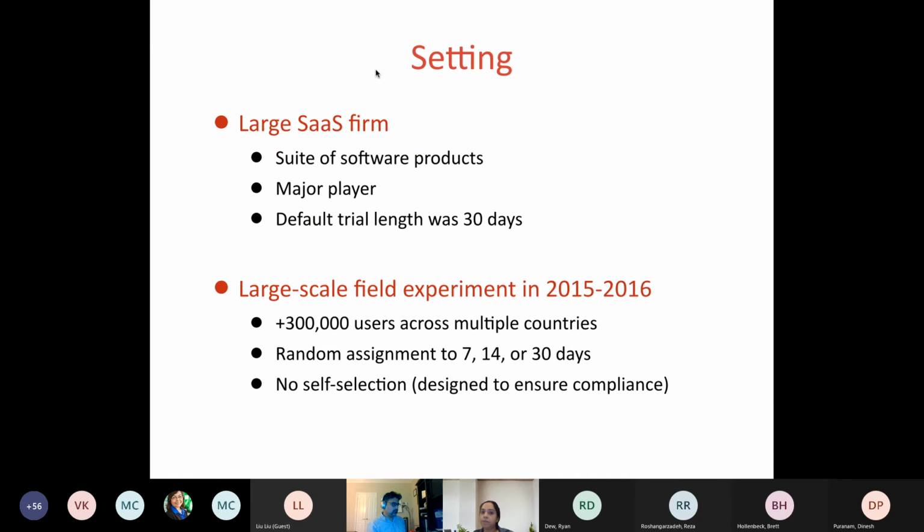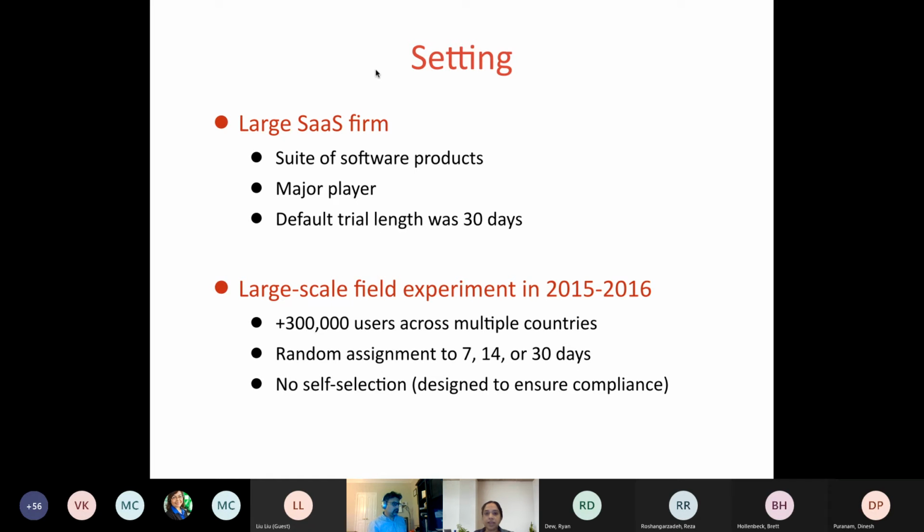Okay, let me tell you a little bit about the setting. The data comes from a large SaaS firm which sells a suite of software products. Think of it as something like Microsoft Office. It's not Microsoft, but something like that, a bunch of different software products within one suite. And the firm is actually the major player in the industry. They don't have too much competition.